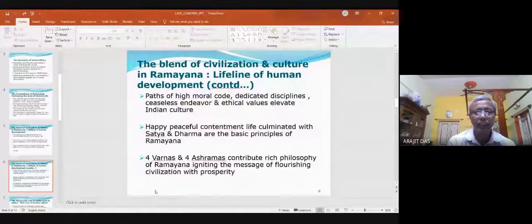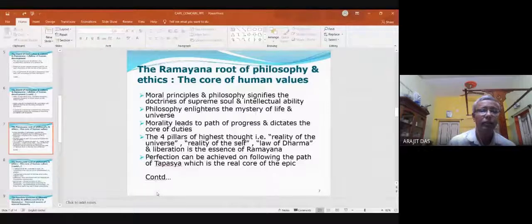Whether it is Ramayana, Mahabharata, or any other epic, religion, or book, Satya and Dharma are the main principles on which they are based. And there are 4 Varnas and 4 ashrams which contribute to the rich philosophy of Ramayana, igniting the message of a flourishing civilization with prosperity.